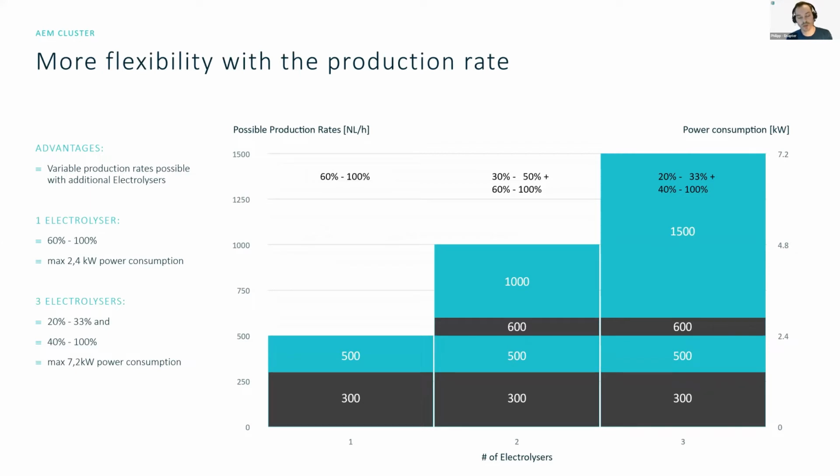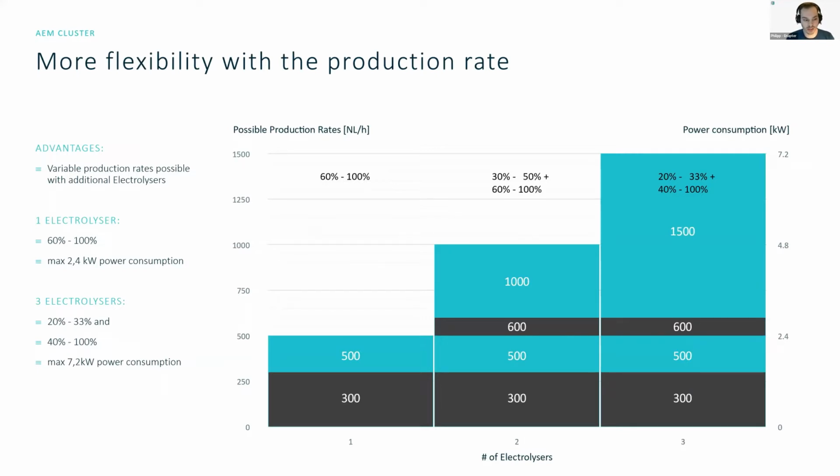So why do you want to do that? One important point, we already had this topic a little bit today. With the electrolyzer 2.1, you have a limit on the production rate because it can be operated between 60 and 100%.